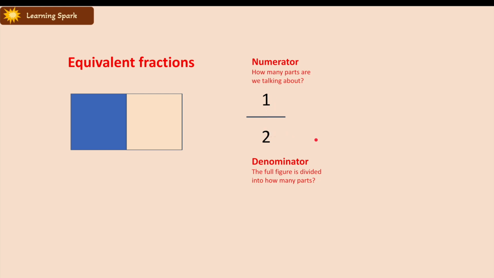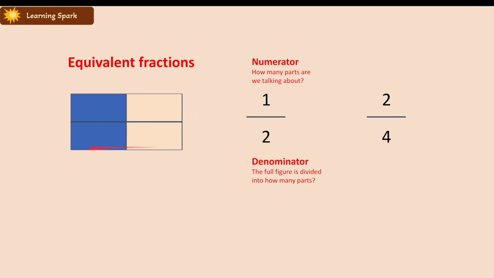All right, now let's divide this same thing by one line. Now this became 4 pieces from 2 pieces. So the denominator becomes 4 and the numerator becomes 2 because we are taking 2 pieces, right? But observe that nothing has changed.